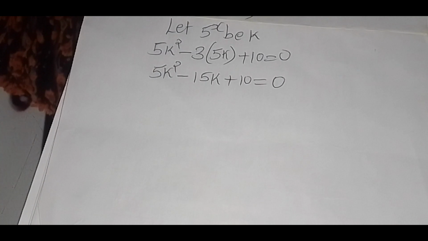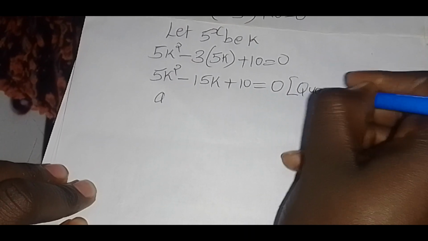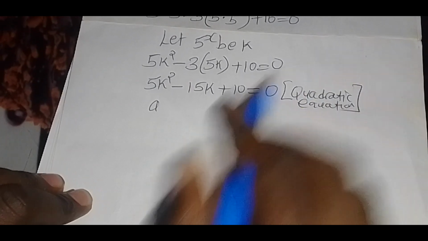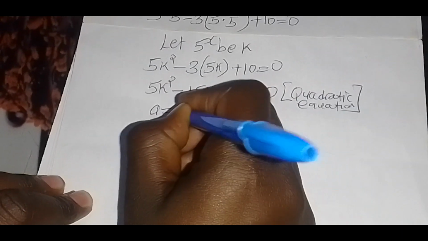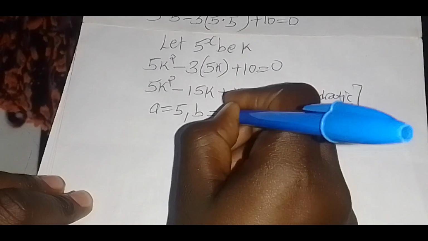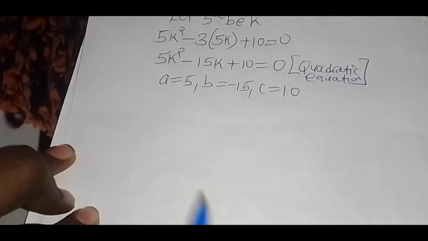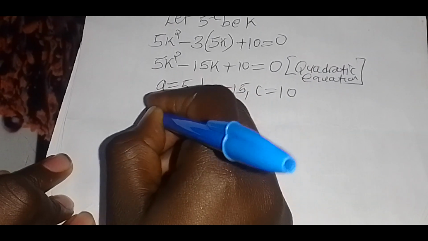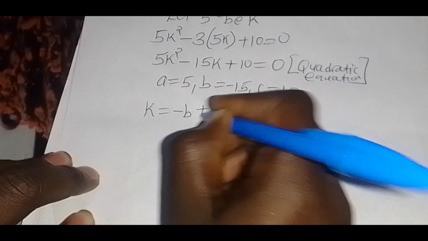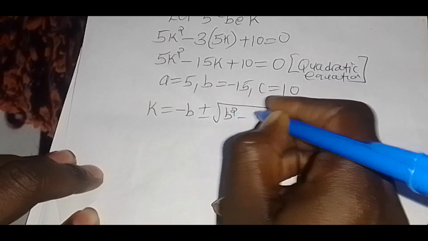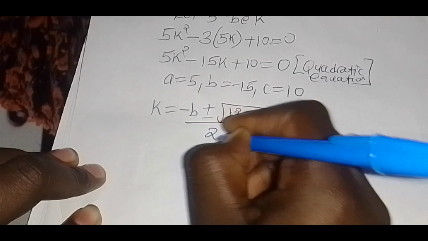Okay, so to solve for the value of k, since this is a quadratic equation, our a is equal to 5, our b is equal to minus 15, and our c is equal to 10. So now we apply the quadratic formula that states that minus b plus or minus the square root of b squared minus 4ac, divide everything by 2a.